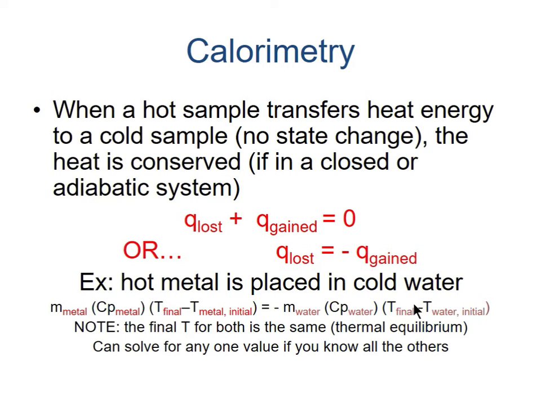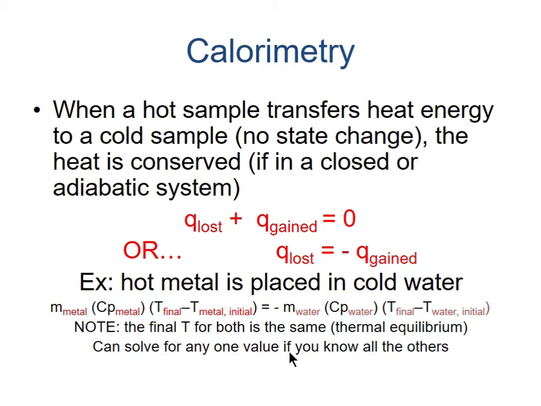Note that the final temperature happens when they reach thermal equilibrium, and so these are the same value. The temperature final for the hot metal will be the temperature final for the cold water. And we would expect that. If I put a hot metal in a cold water and I wait till they've equilibrated, they're now all at the same temperature.